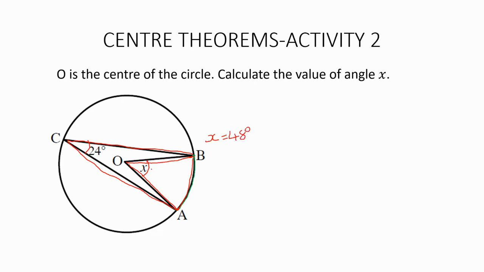Okay, because the angle at the center, that's the reason, angle at the center equals 2 times the angle at the circumference. Okay, right. So angle x here is 48 degrees. Okay, did you get it right? You have your statement, you have your reason. Okay, that is 2 marks there.